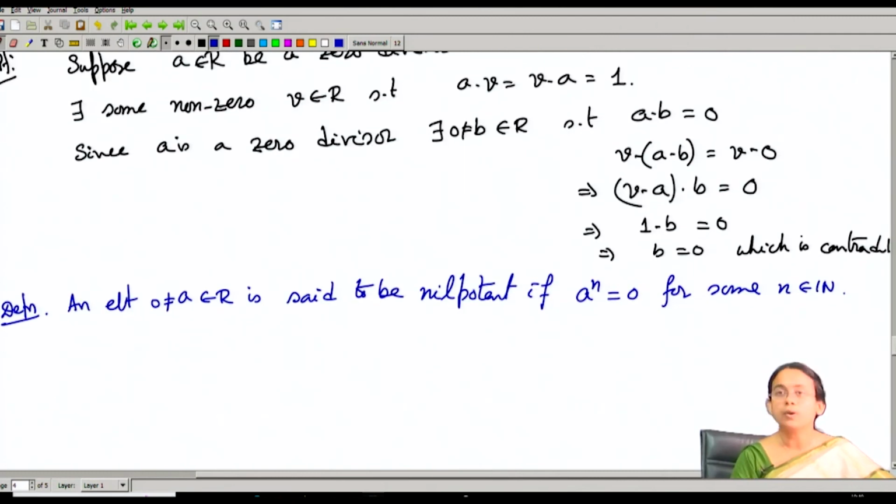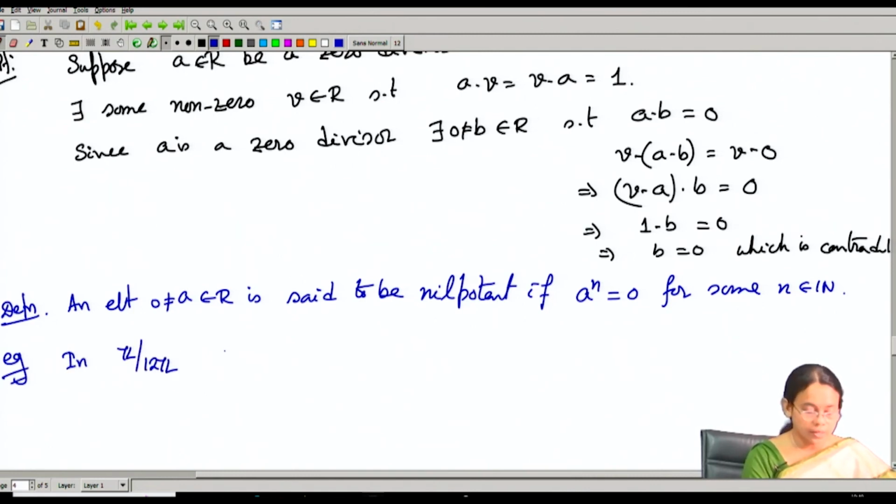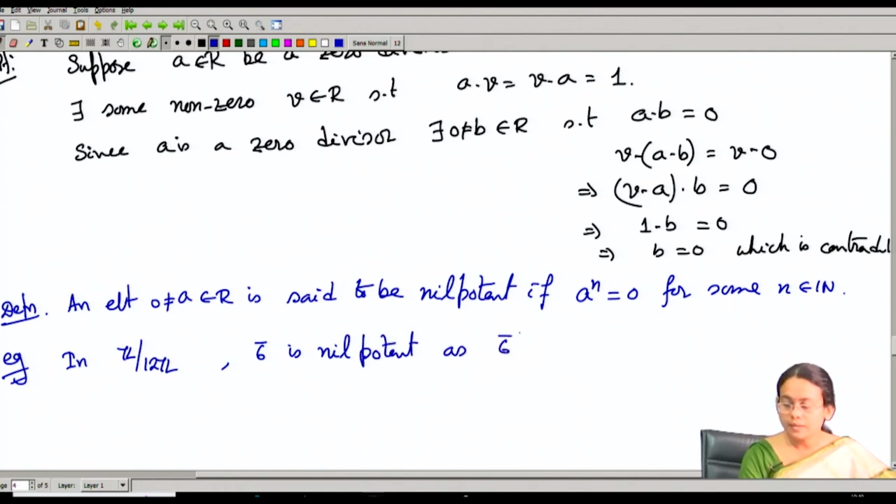That means some power of it is 0, then it is called a nilpotent element. So, for example, if I consider the ring Z quotient 12Z, in this ring we can see that 6 bar is nilpotent, as 6 bar square is equal to 0. So, 6 bar is a nilpotent element.